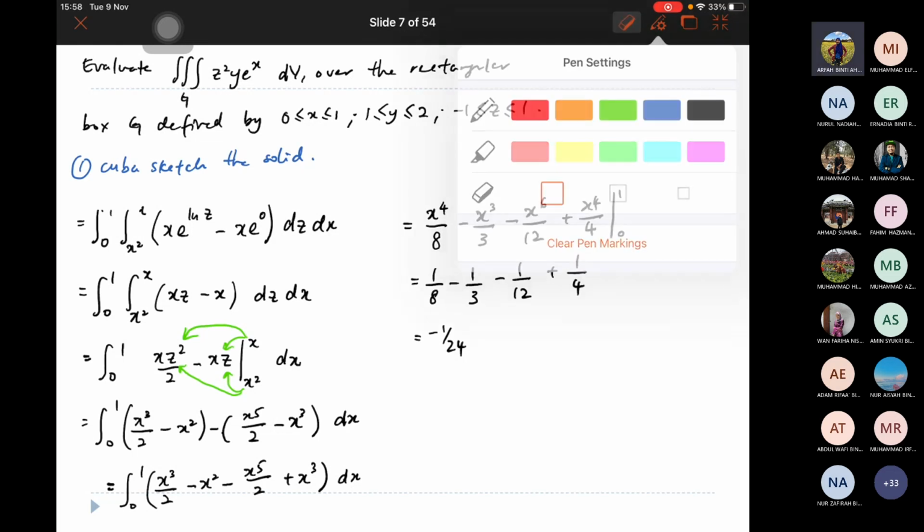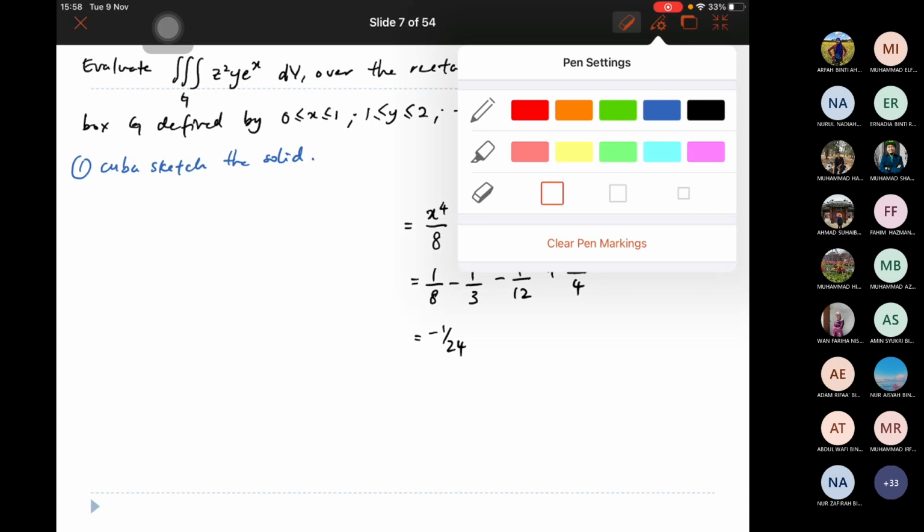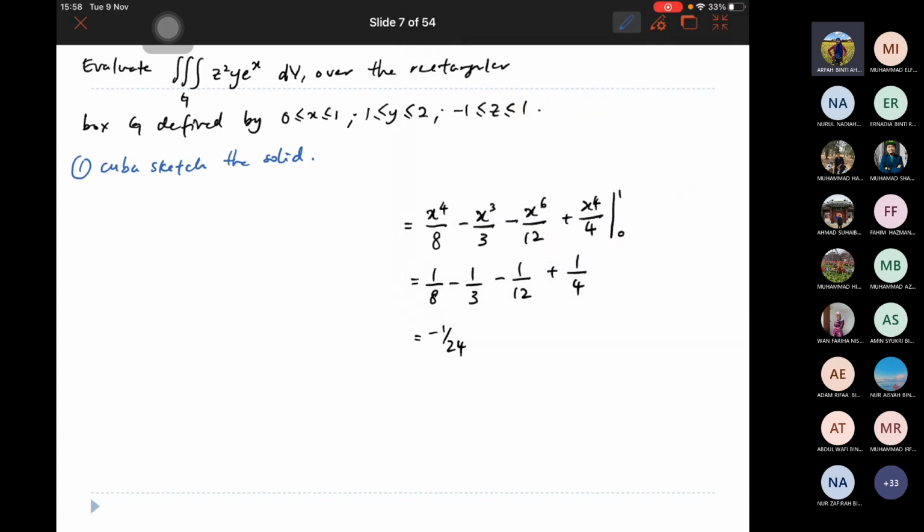Okay, cuba sketch. Kita akan ada dekat X, Y dan juga Z plane. Okay. So, the sketching you are going to have, this is your X, Y dan juga Z. Okay. Plane. And then akan dapat dia adalah satu box yang mana Y antara 1 sampai 2. Okay, katakan dekat sini 1 untuk Y and then 2 over here. X antara 0, sini 0 sampai 1. Then Z pula daripada negatif 1 sini sampai 1.